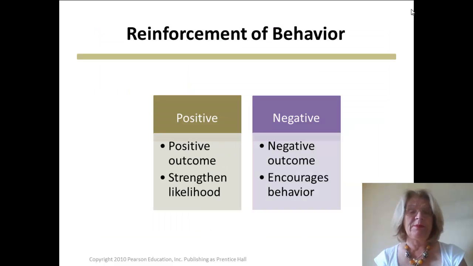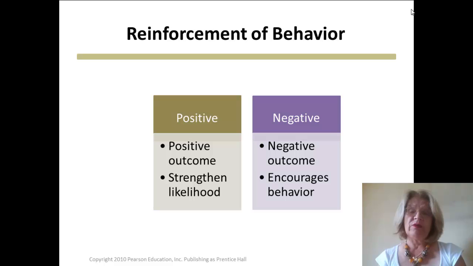The two types of reinforcement are positive and negative. It is important to realize that both of these influence responses. Positive reinforcement is a good thing that happens which rewards a behavior. For example, going to the gym makes you feel so good that you wish to go there every day.